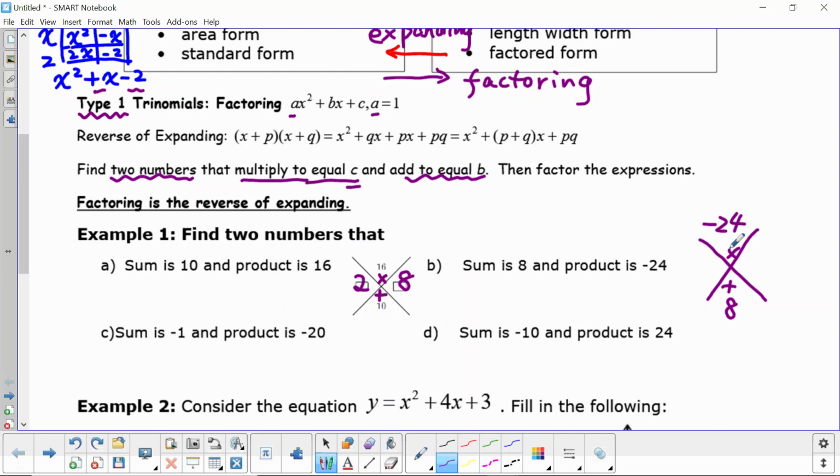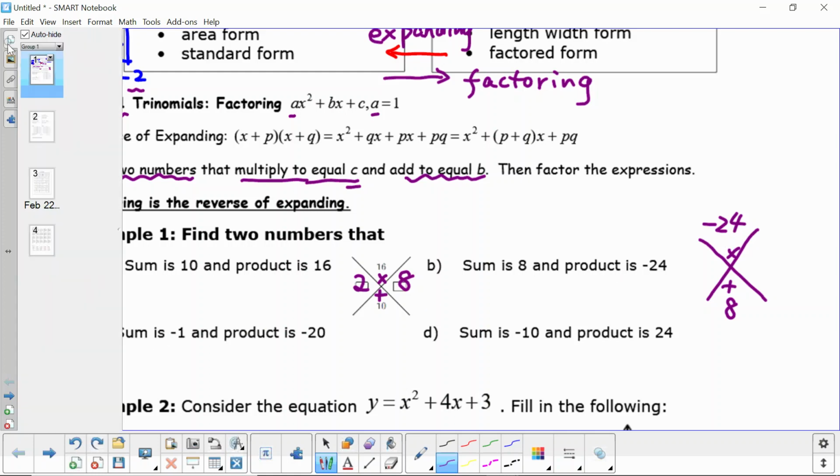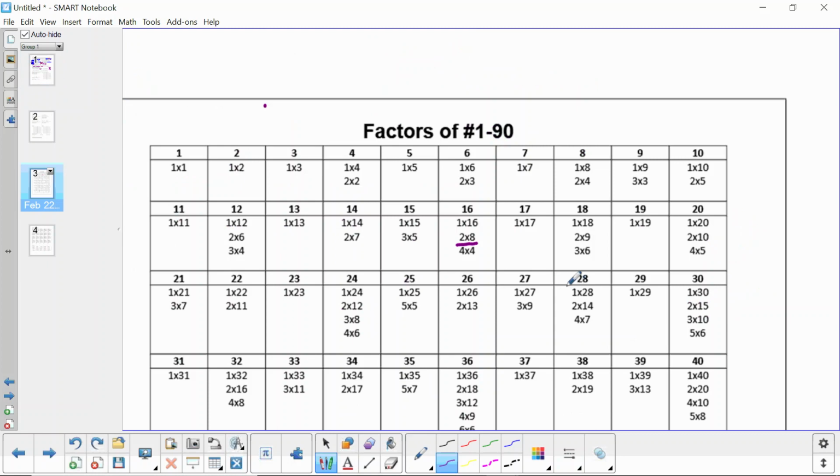We are going to see the factors of 24. So we are going to go to this one, 24. Okay, 24 we have 1, 24, 2, 12, 3, 8, 4 times 6. So each pair are the factors of 24.